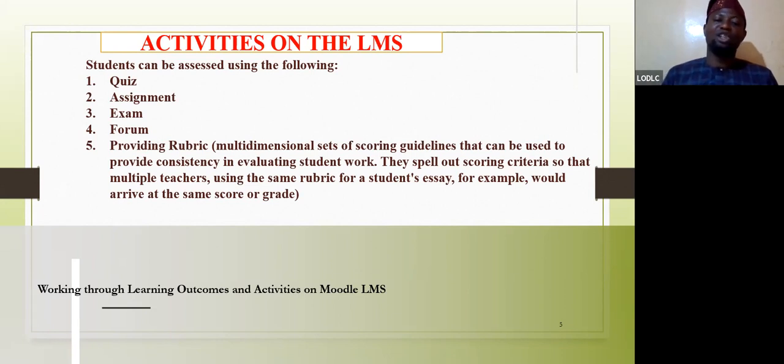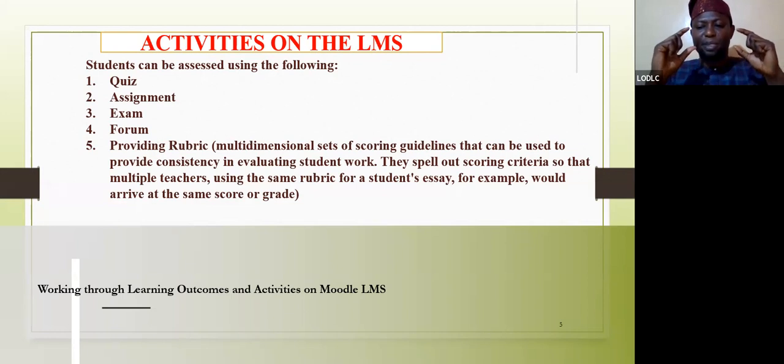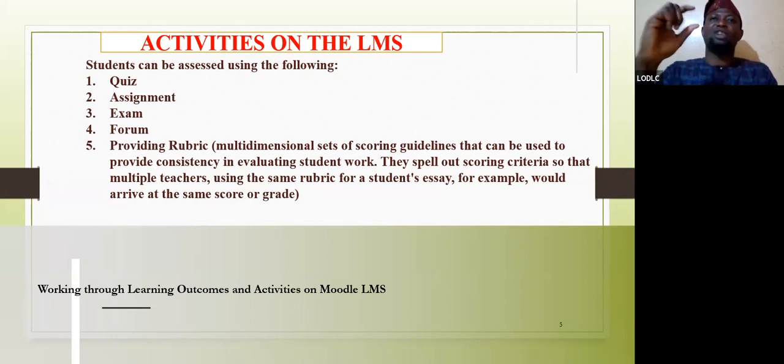If you look at the learning outcomes I showed you the other time, as the students learn and understand each learning outcome from the materials, the student should be able to see whether he actually understands what the learning outcome is all about through some questions that are imbibed within the learning outcomes. We call them in-text questions. Immediately after the in-text questions, we have in-text answers. I will show you what I mean by in-text questions and in-text answers when I finish this explanation.